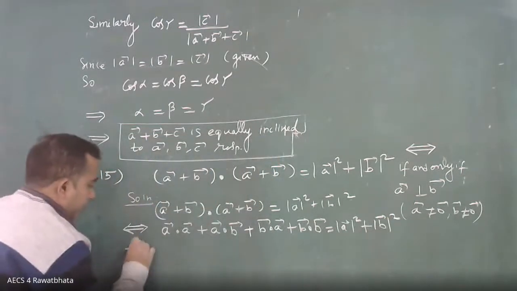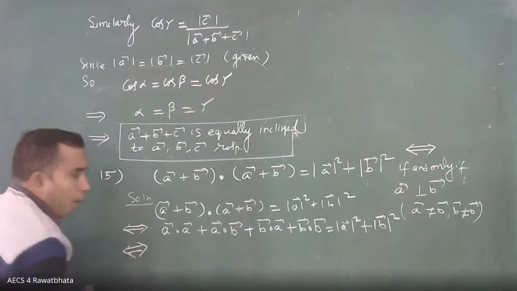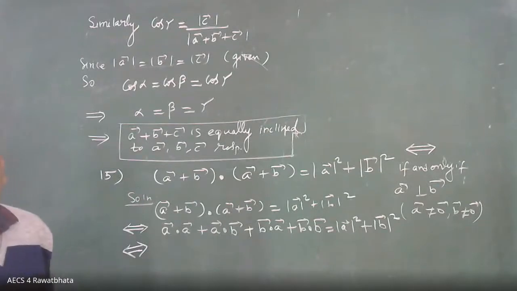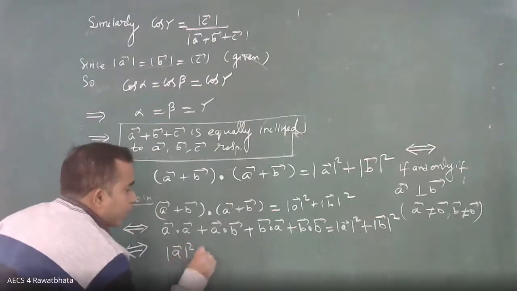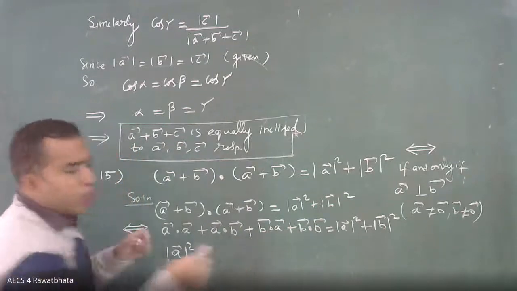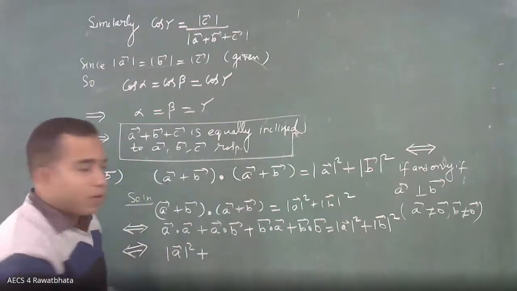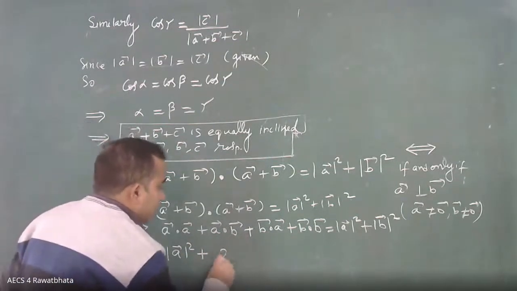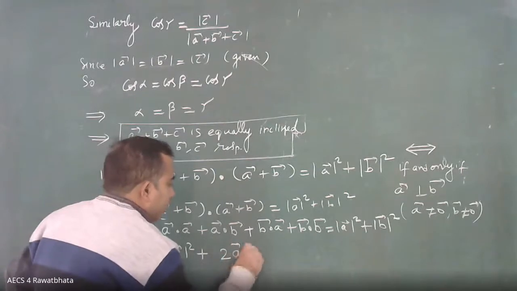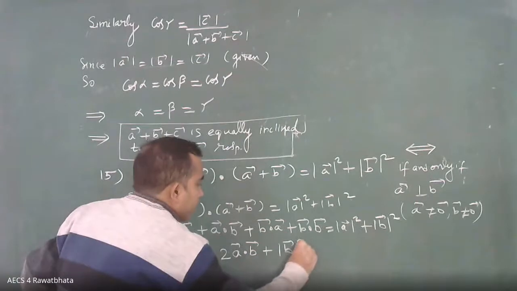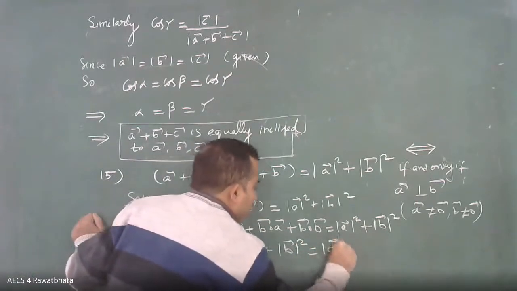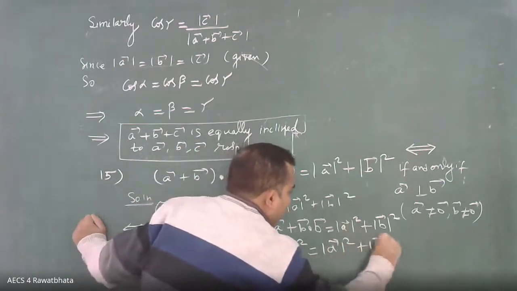Simplify. A dot A is what? Students, A dot A is mod A vector whole square. Mod A square plus A dot B and B dot A are the same thing, so this will be 2 times A vector dot B vector, plus B dot B which is mod B whole square, equals mod A whole square plus mod B whole square.